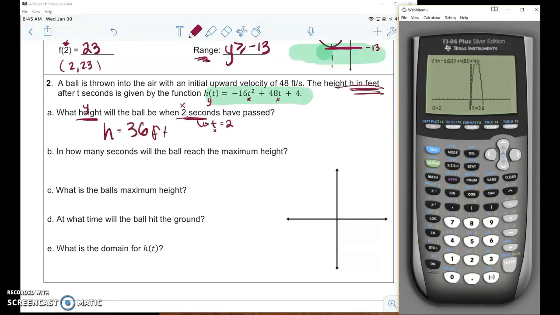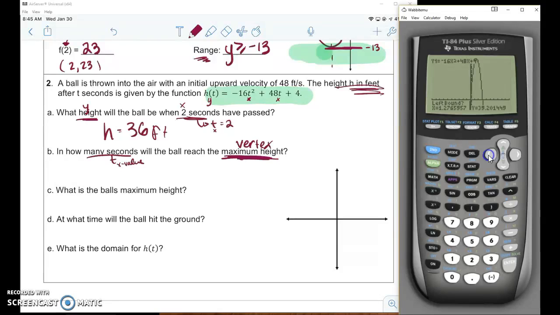In how many seconds will the ball reach the maximum height? Maximum is the vertex, and how many seconds we want t, or the x value of the vertex. So my vertex is a maximum, so second trace maximum. I'm going to start with my cursor on my vertex. That looks pretty good.